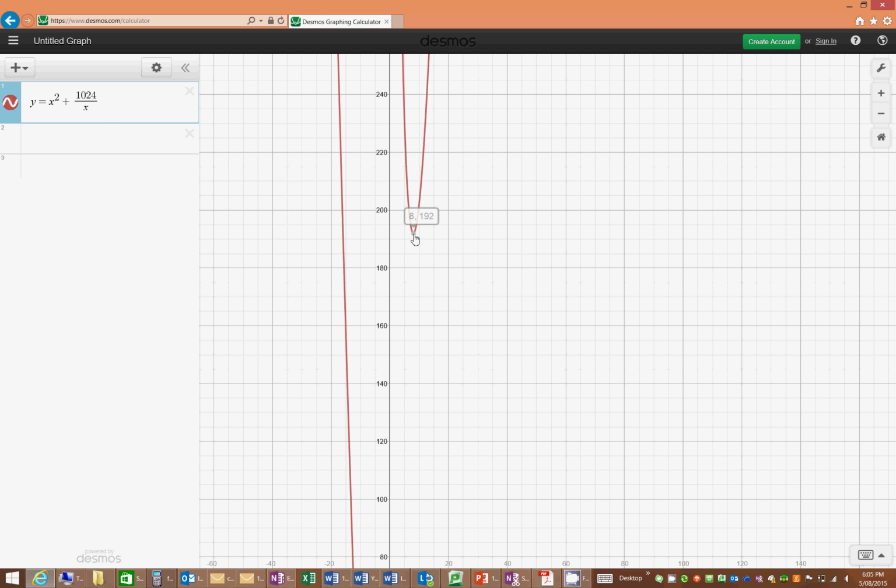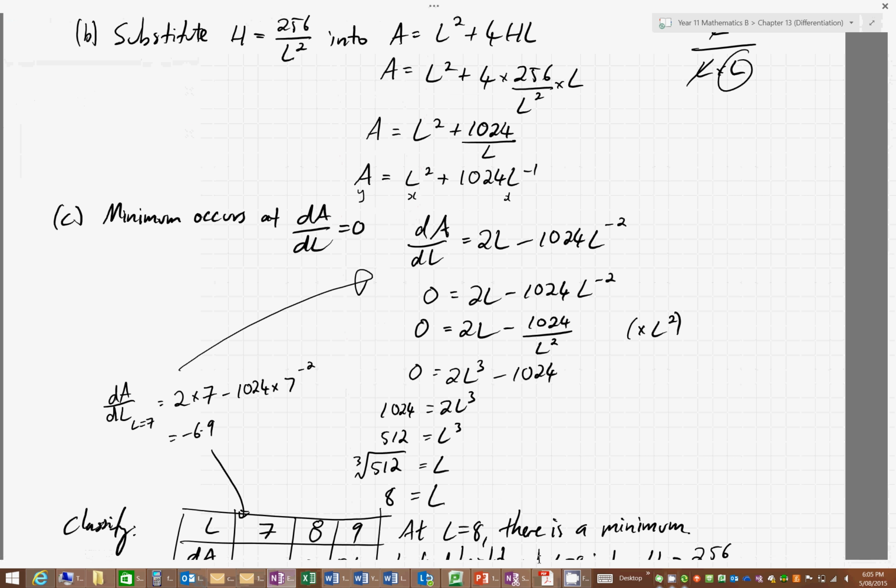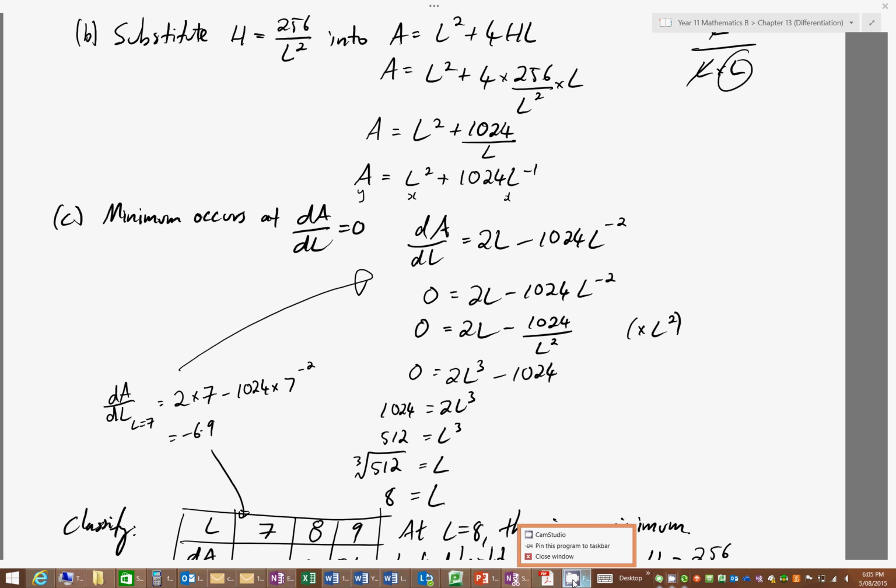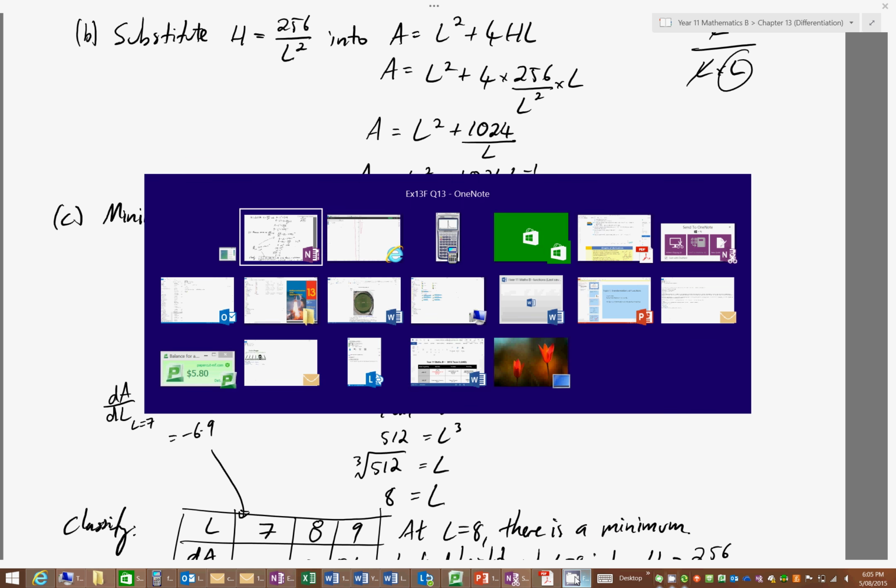Not sure why you can't, but you just draw an image of what this looks like on your exam paper and show that as a check. Get your communication and justification points. Okay, that's the end.